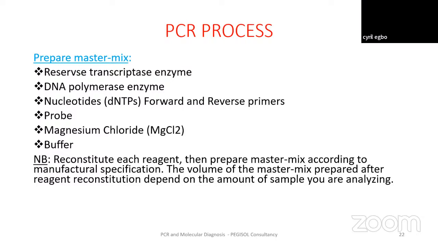It's just to make it detectable, because there is some quantity that is detectable by the machine. If it is less than that particular quantity, the machine may not be able to detect it. For instance, let me use TB culture as an example.